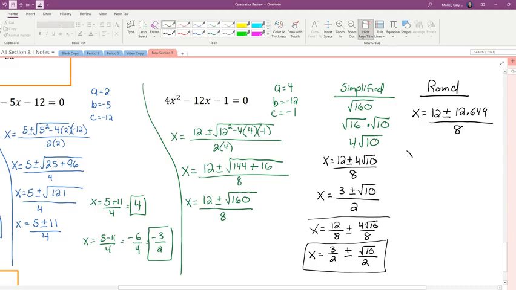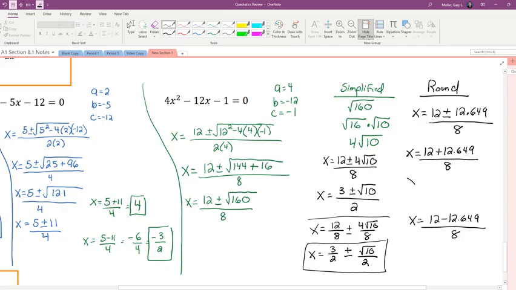So I have one answer of 12 plus 12.649 divided by 8. And I have another answer of 12 minus 12.649 divided by 8.